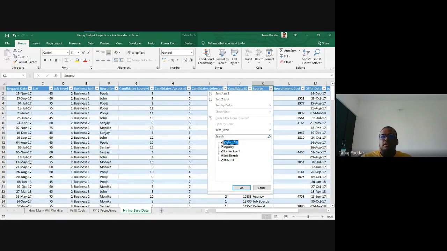They'll say, for level 1, if I'm going to hire up to 100 people, I'll charge you say 5,000 per person. If I'm going to hire say 10,000 people, I'll charge you 4,500 per person, something like that, right? So they have different kinds of slabs. Similarly, another common model that these agencies follow is based on the CTC.